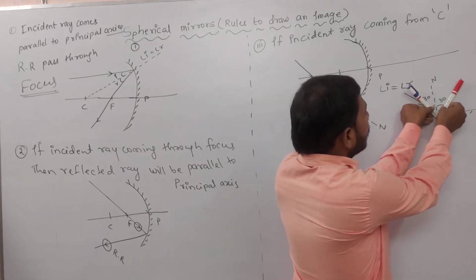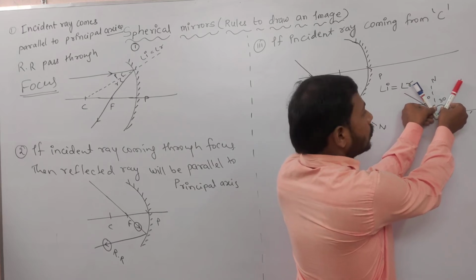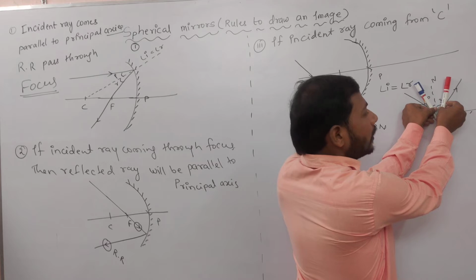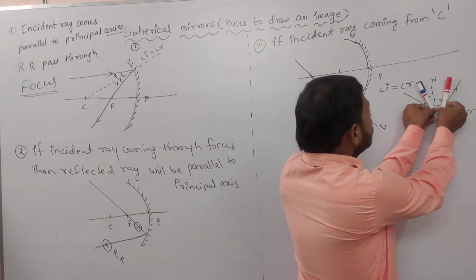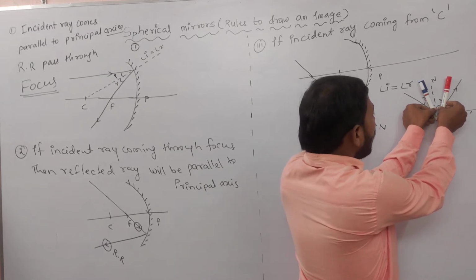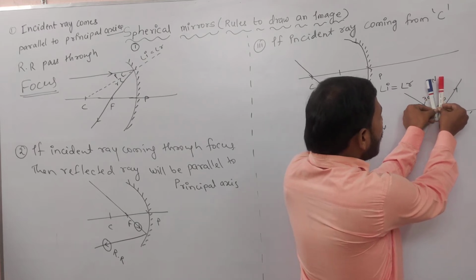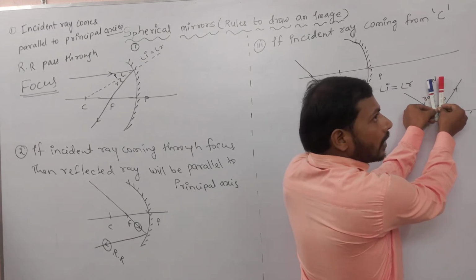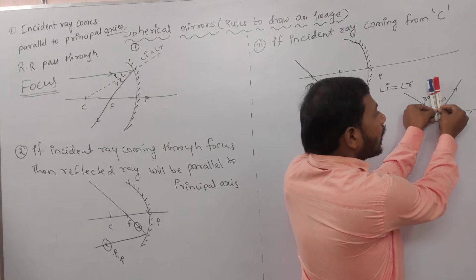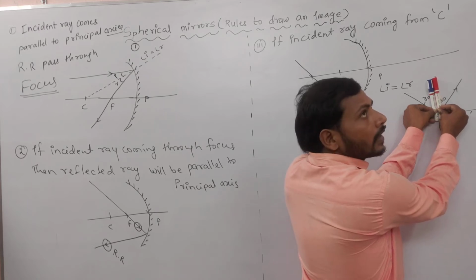The incident angle decreased to 20, the reflected angle also decreased to 20. The incident angle became 5, the reflected angle also became 5. When the incident ray coincided with the normal, the angle is 0. The reflected ray also is going to coincide with the normal.